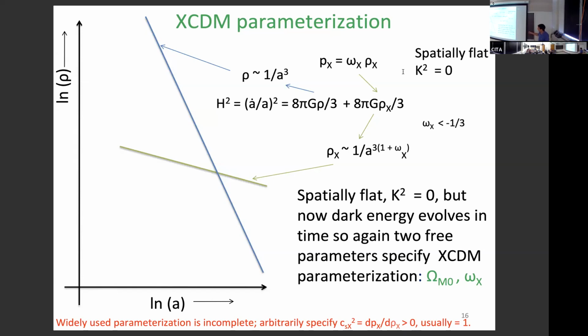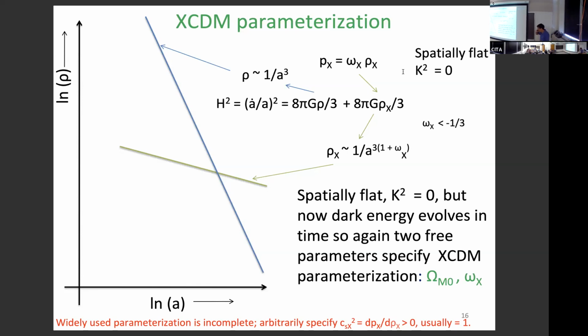And if you choose this range of parameter values, and you take the solution for this, you can get it to slope downwards. So I've set curvature to 0, but there's still two free parameters because it's time varying dark energy. And the parameters I'm going to use are omega matter at the present time and w sub x, the equation of state parameter for this fluid.